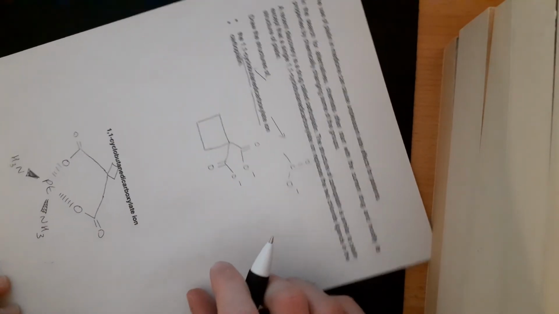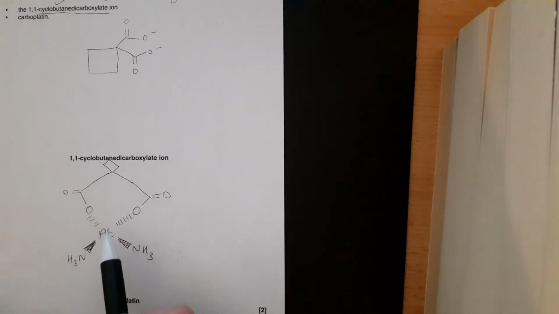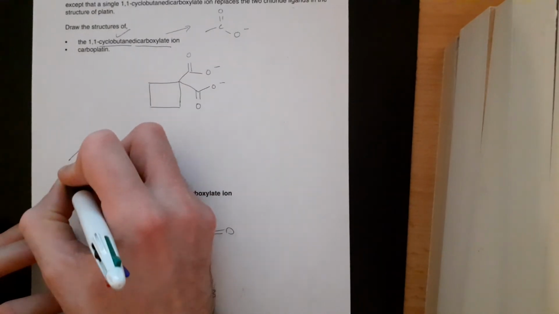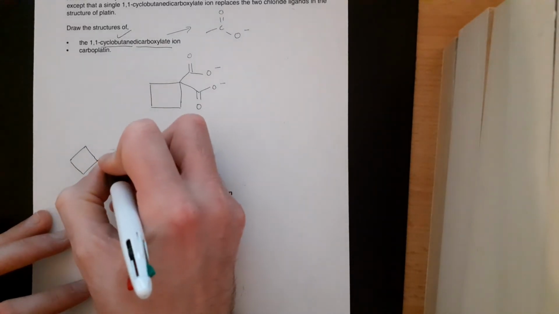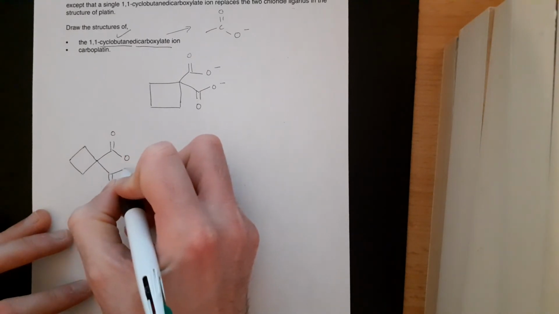I might have another go at drawing that. If this was on my exam, I'm not going to leave it like that, right? That's a bit of a mess. So it might be better if I draw this out. It might be better if I just flip this around and draw this bit first. So let's have my cyclobutane and have my carboxylic acid there and there.